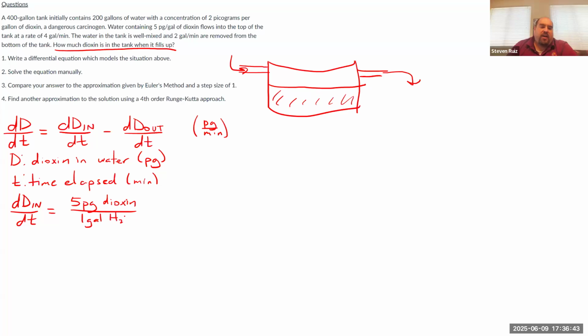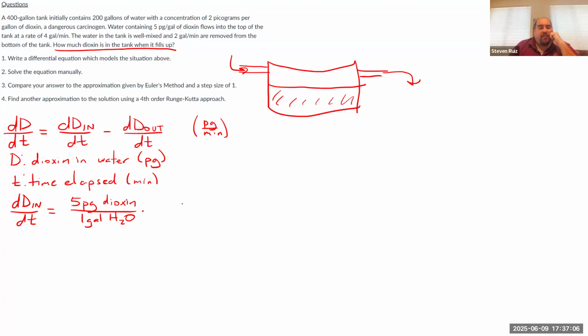This is part of why I stress the units at the outset: it could be very easy to say, oh, what's coming in is a constant 5 and leave it at that. But that would be a mistake.